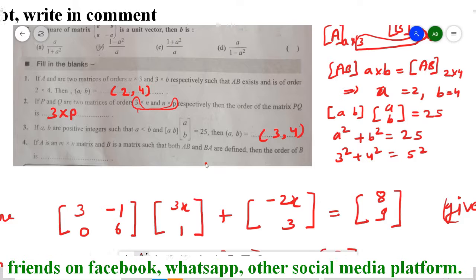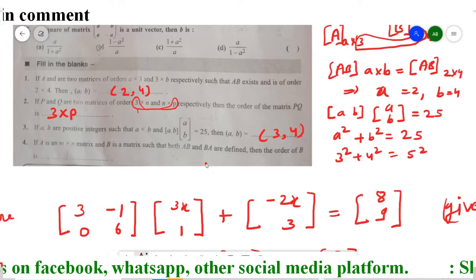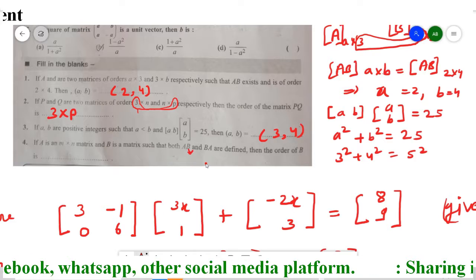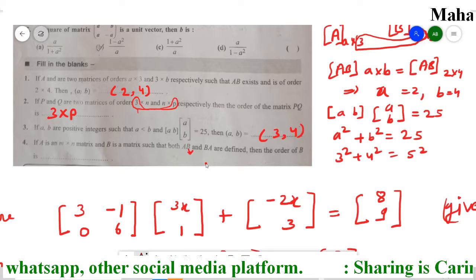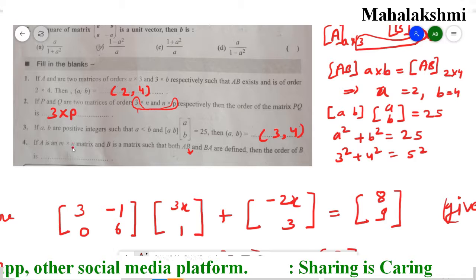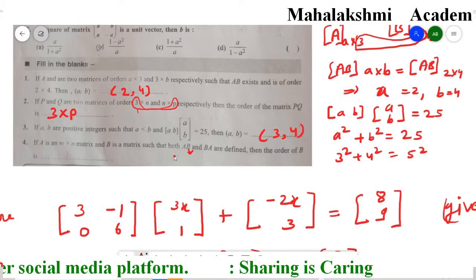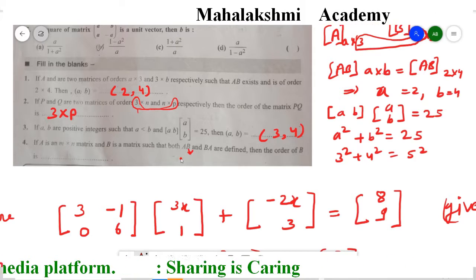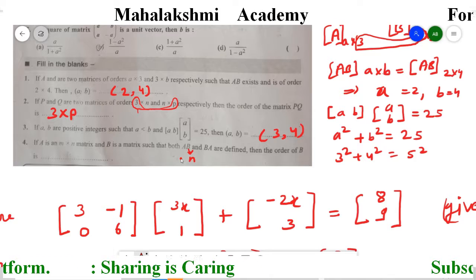So here we can write that B's row is going to be A's column. So what is A's column? A's column is N. So B's row is N.